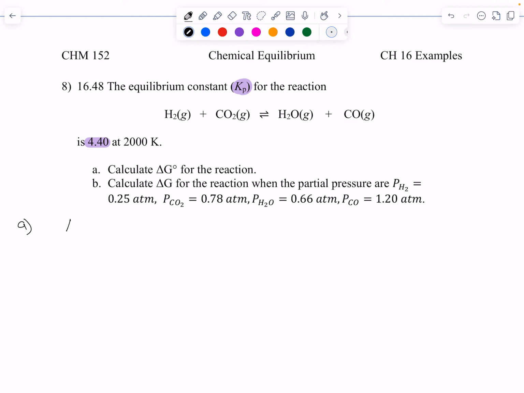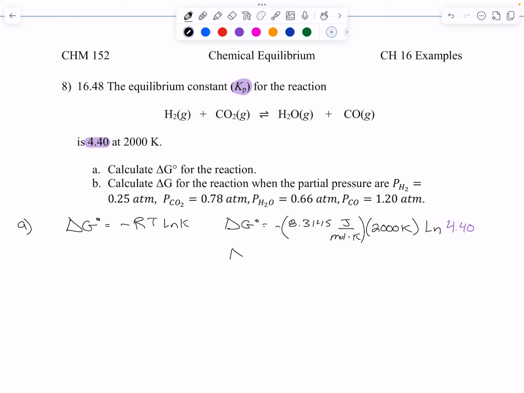delta G standard equals negative RT ln K. So delta G standard equals negative 8.3145 joules per mole Kelvin, times 2000 Kelvin, times the natural log of 4.40.